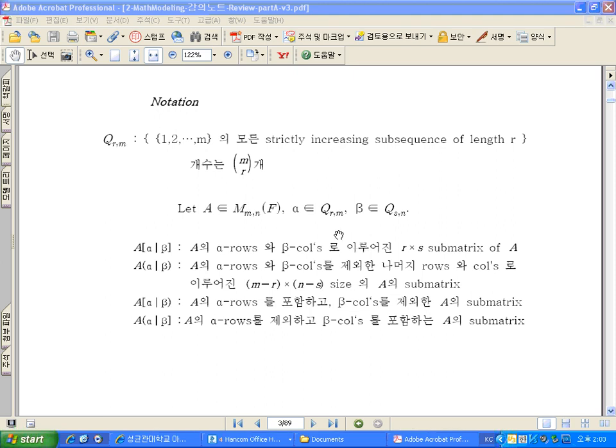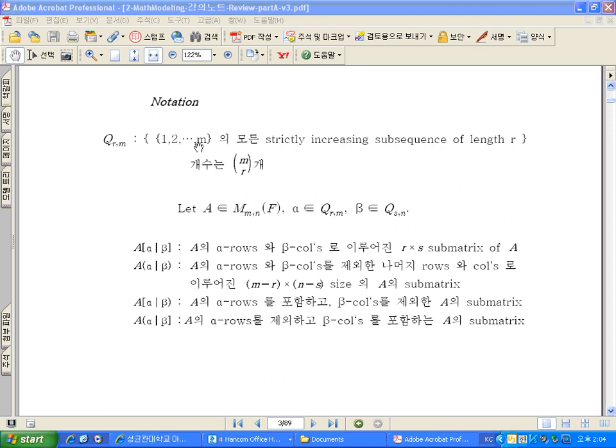The following notations will help you to understand what we have learned. First, this notation Q_{r,m} is the set of strictly increasing sequences of length r from the set of positive integers from 1 to m. So an element in this set is a sequence of strictly increasing numbers chosen from this set.